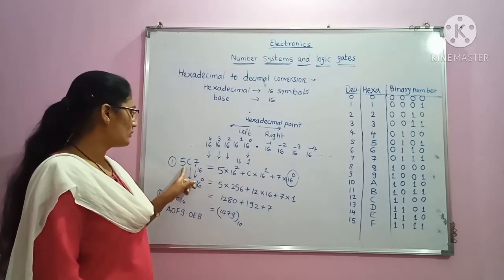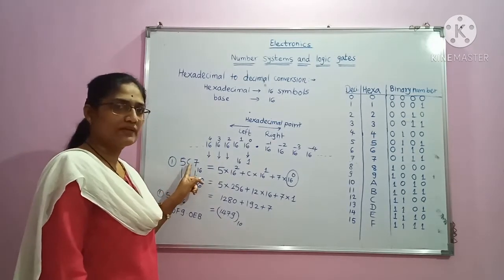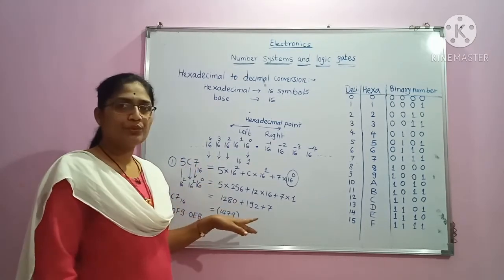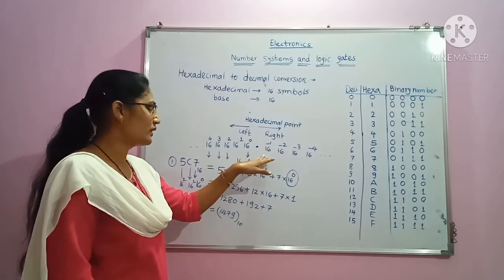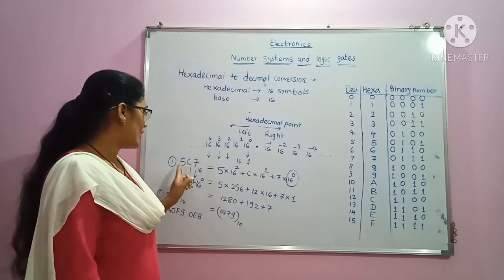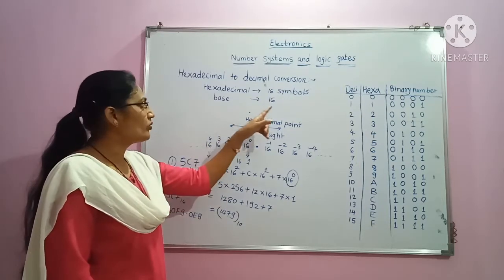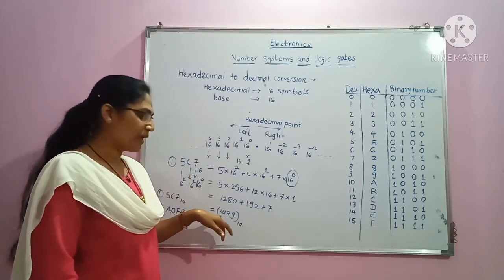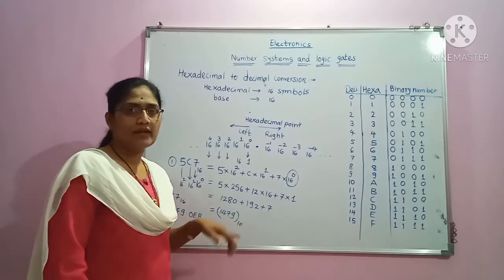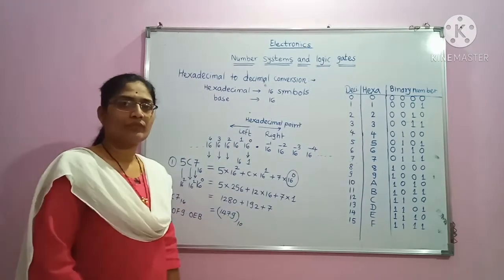And we have solved the example 5C7, converted it into decimal form by using this procedure. The value of the hexadecimal number 5C7 in decimal equivalent comes out as 1479.